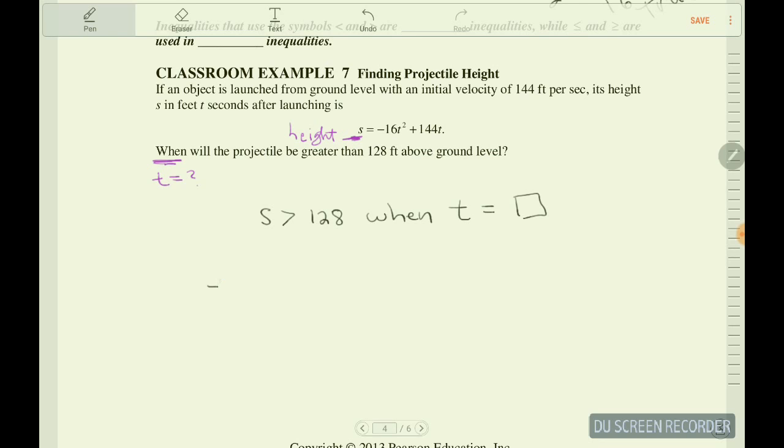So I'm going to put the expression for s and set it greater than 128 and then solve for t. And this is quadratic, so I will want to set it to 0.